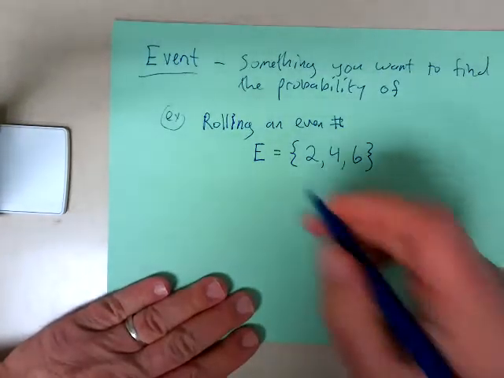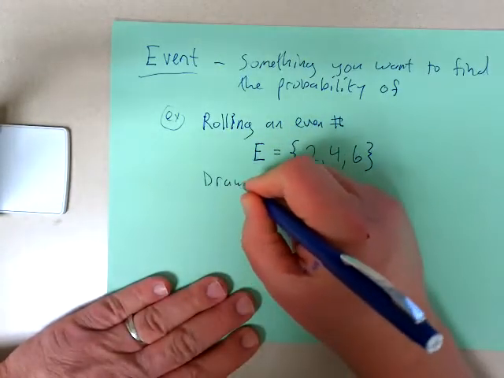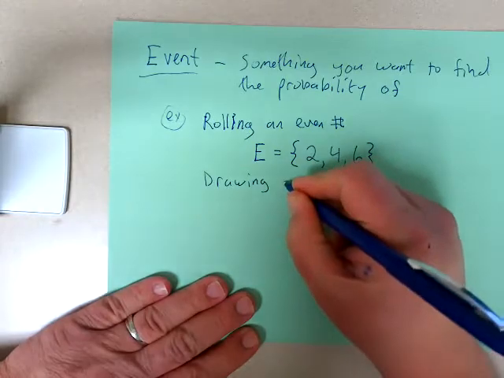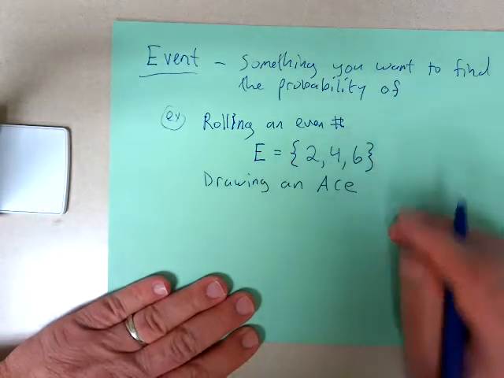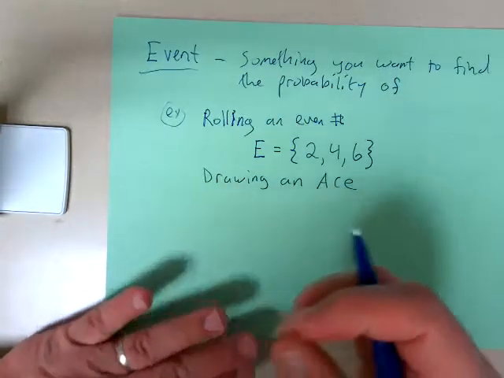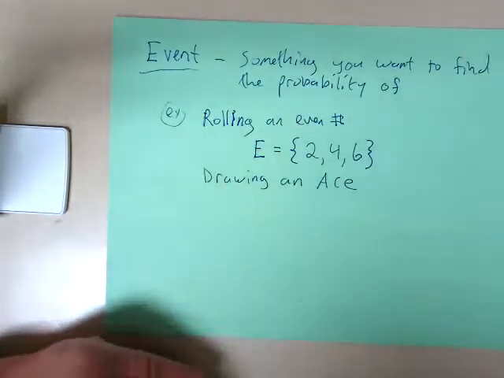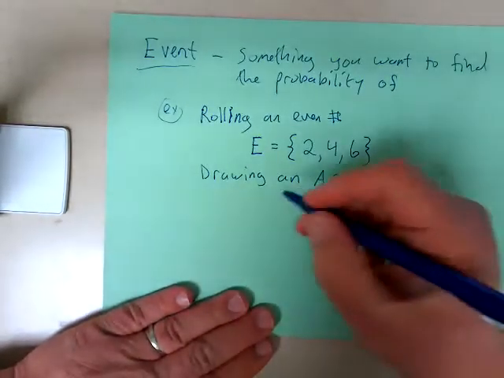Okay? So I could also do something like drawing an ace. What's the probability of me drawing an ace? So there's a game. You randomly draw out a card, and let's say if it's an ace, you win. And so in that case, you want to know what's the probability of drawing an ace.